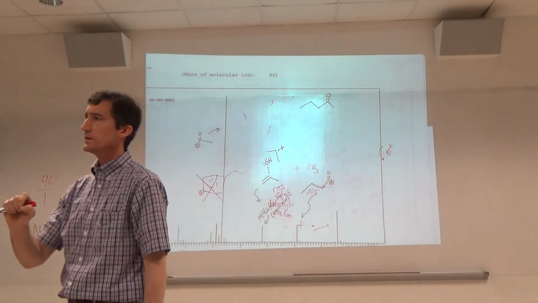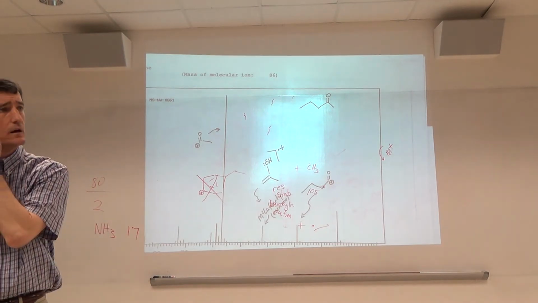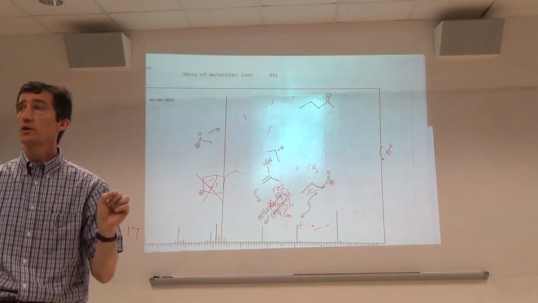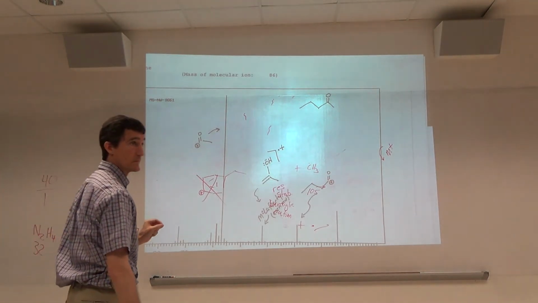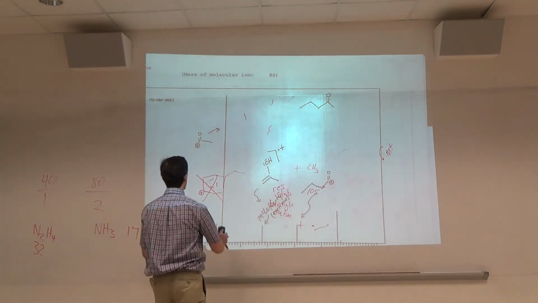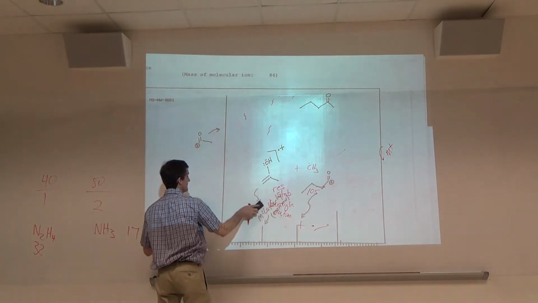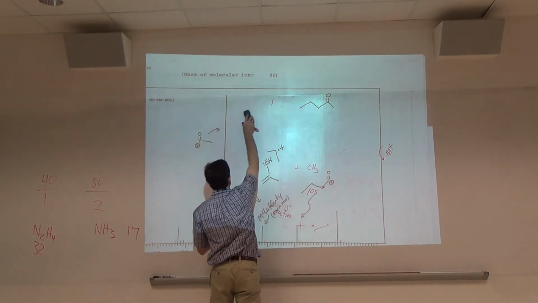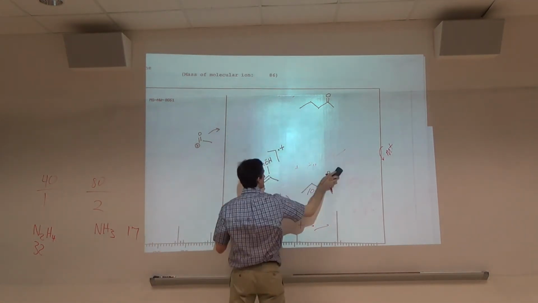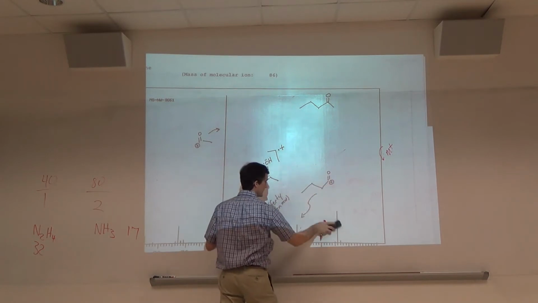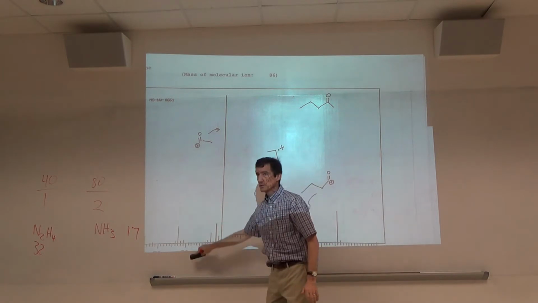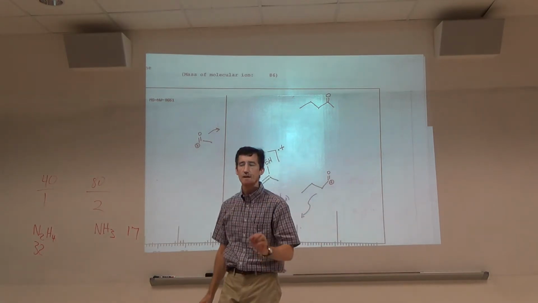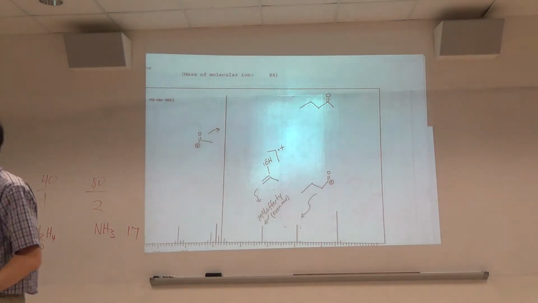We didn't put it on a carbon next to a lone pair, we put it where? We put it on a carbon next to a pi bond. Same thing here. No, it's actually not the same thing here. No, sorry. We're not putting it on the carbon next to a pi bond. We're going back to lone pairs. We have lone pairs here. We're going to cleave to put cation on the atom next to a lone pair.